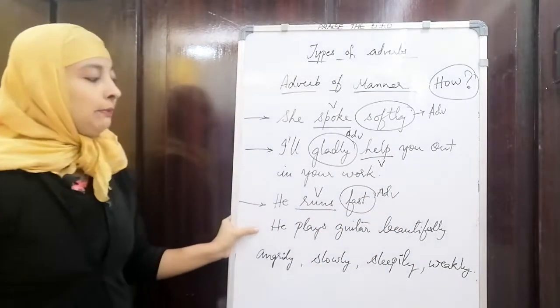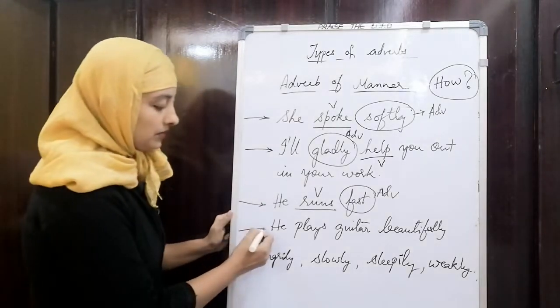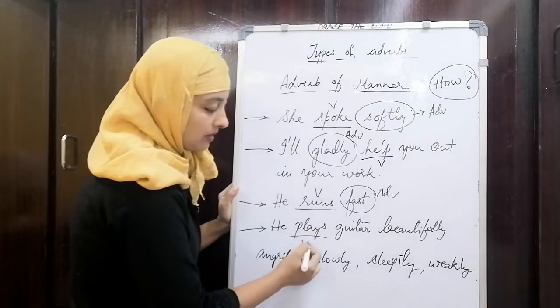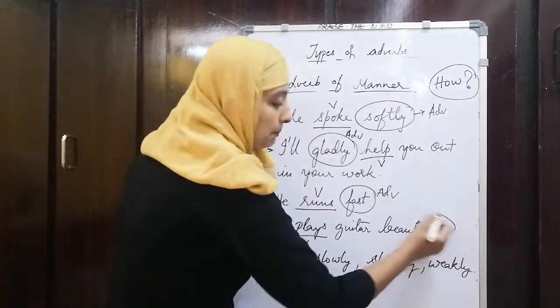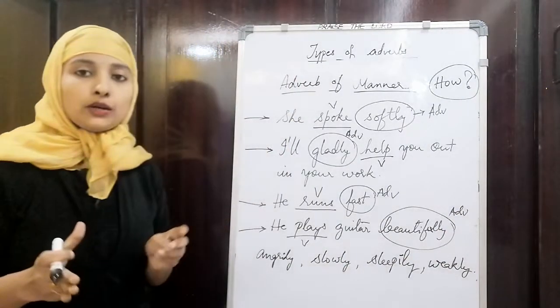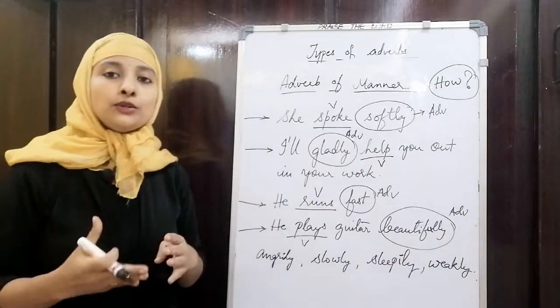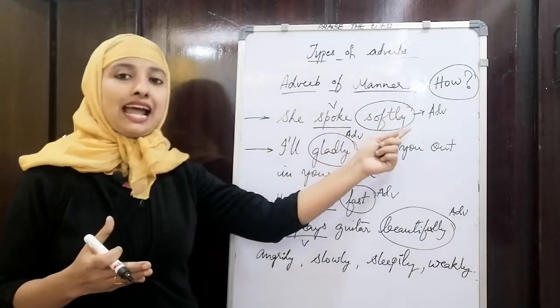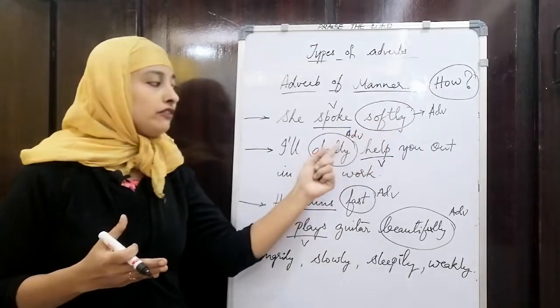Right. He plays guitar beautifully. How does he play? Beautifully. So, you need to ask the question how in order to know. See, if you see adverbs of manner, generally you will have that ending ly for most of the cases.